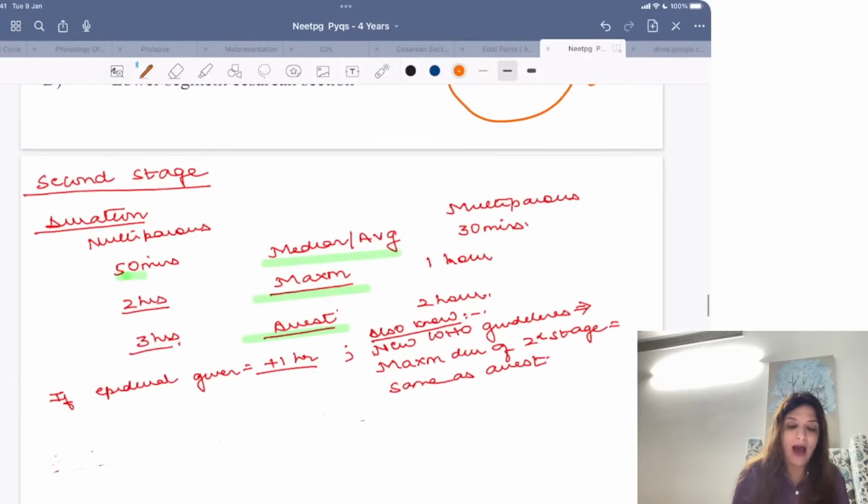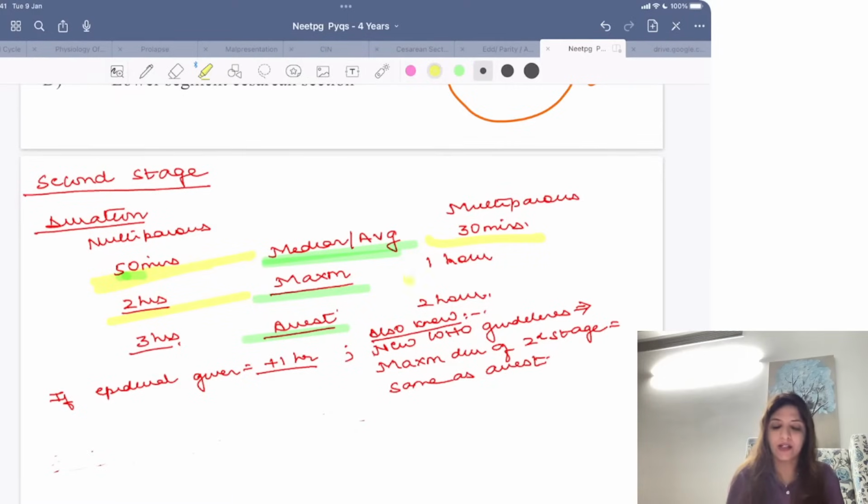Right? So average duration of the second stage of labor in a nulliparous or a primigravida female is approximately 1 hour. In multiparous, it is 30 minutes. Maximum, it can be 2 hours in nulliparous females or 1 hour in multiparous females. And we say that arrest has happened when it is 3 hours in primigravida females or 2 hours in multigravida females.